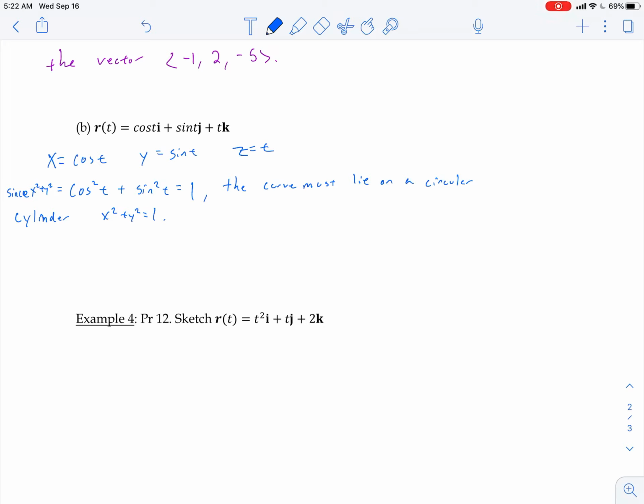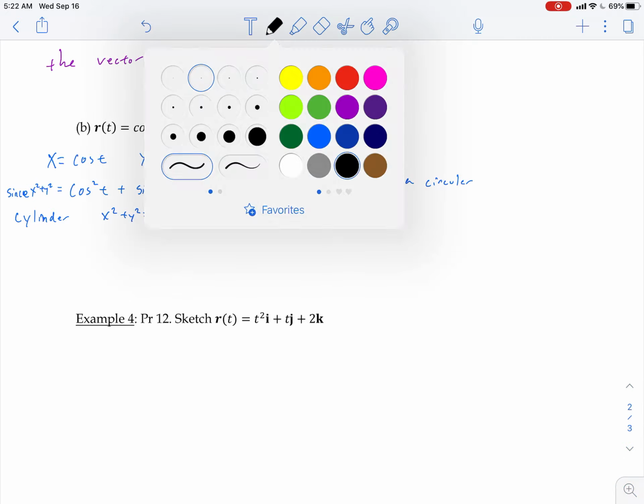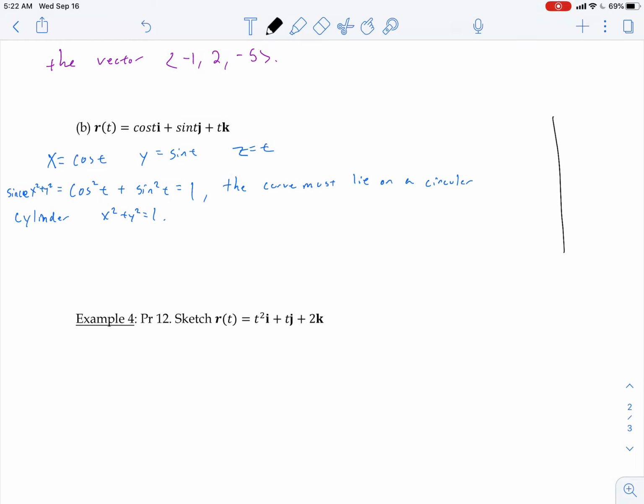Now, the reason we say circular cylinder is because this is in 3 dimensions. I'll go ahead and draw this. If I asked you to draw this, it's not going to be too complicated. Say, here's our x, y, and z axes, and I'm going to go 1 for each of these.